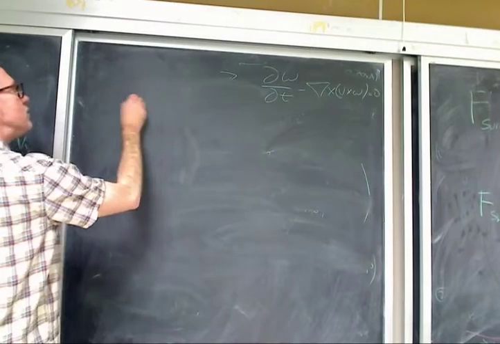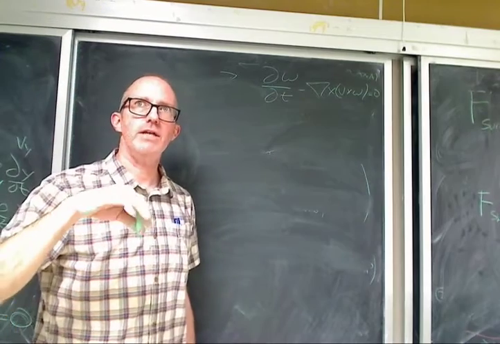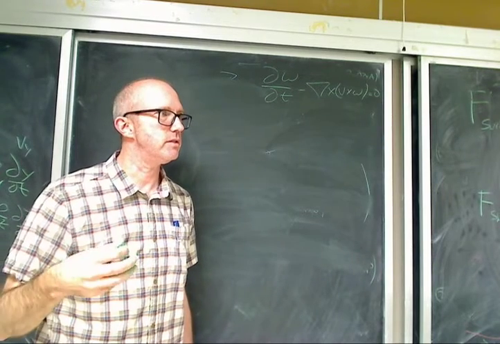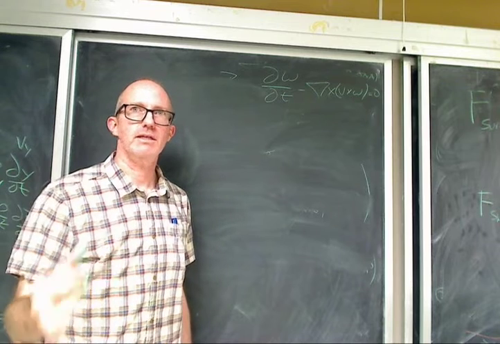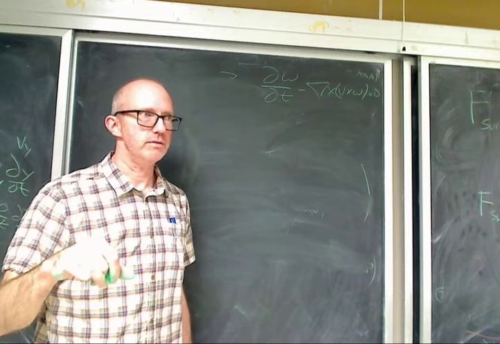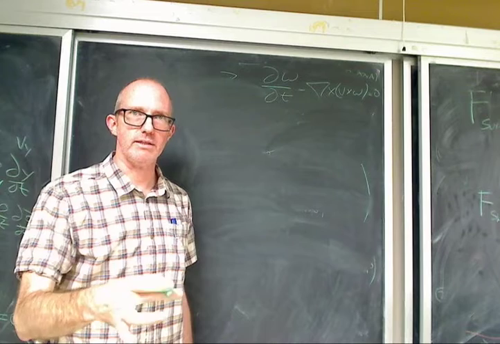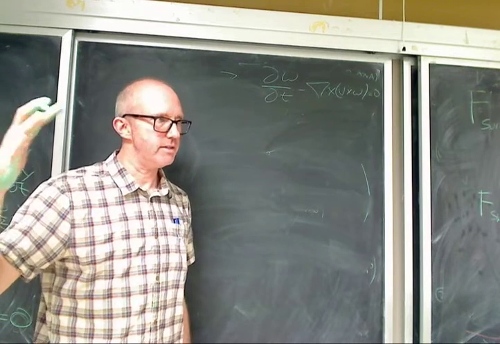So if I take a surface, you remember Gauss's theorem changes volume things to surface things with the divergence. Stokes' theorem turns flat, 2D things into 1D things with the curl.